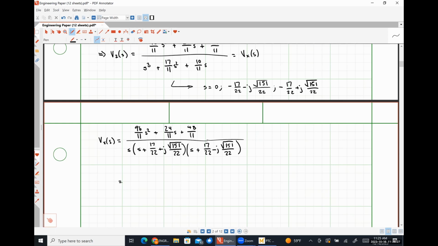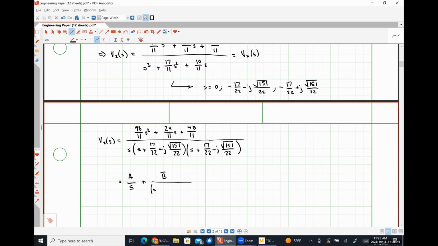Or, using partial fraction expansion, some coefficient a divided by s plus some complex number b. Oh, sorry, I shouldn't have the conjugate there.